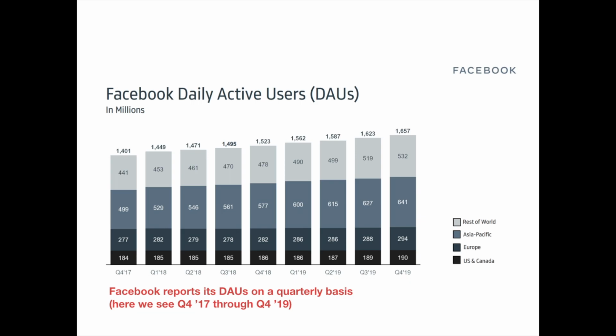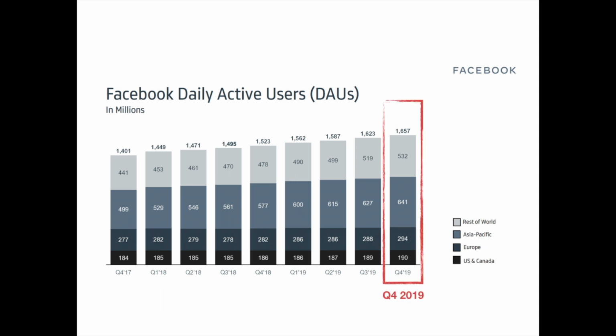Quick side note: DAU, which stands for daily active users, is a really common metric that consumer internet companies like Facebook, Google, and YouTube use to report on the level of engagement they're seeing from their users on a daily basis. However, they often report these numbers on a quarterly basis, or aggregated over a period larger than a day. If you look at Facebook's numbers, they're reporting that in Q4 of 2019, they had 1.657 billion daily active users in the quarter.